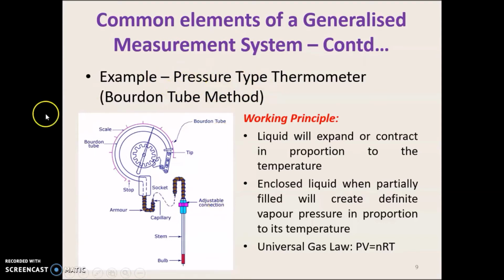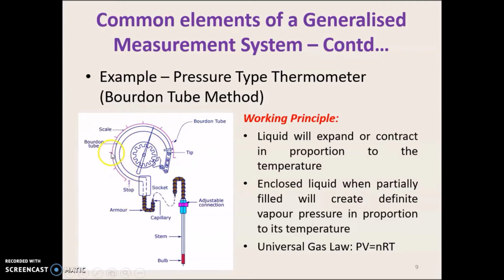So what does this do? This is the instrument we are going to use, the setup of the instrument. Here we have the bulb, here we have the stem of the thermometer, and this is the adjustable connection, and here we have the armor or the tube which is connecting the thermometer with the Bourdon tube, and here we have the socket, and here we have the Bourdon tube. You see this U-shaped blue color tube, this is called the Bourdon tube.